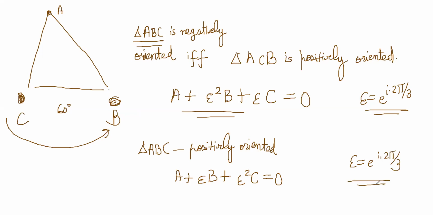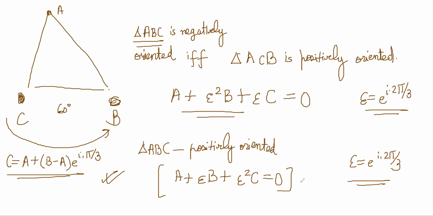Are you guys understanding what is happening? We have proved this. How did we prove it? We wrote C as A plus (B minus A) into e power i π/3, and then we simplified and saw what happened.